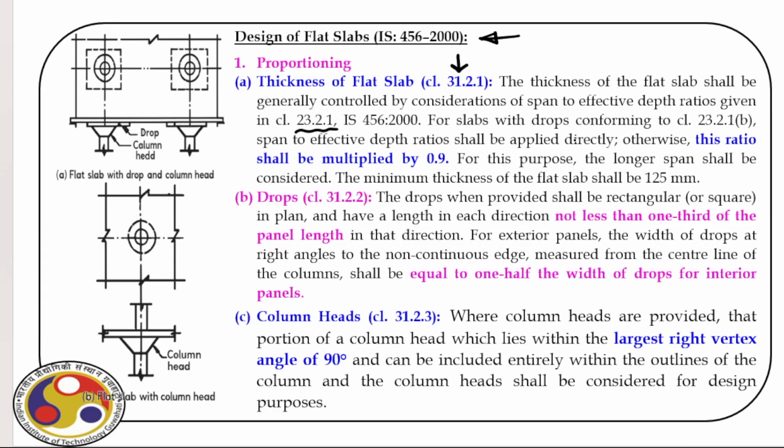For slab with drop conforming to clause number 23.2.1b, the span to effective depth ratio shall be applied directly, otherwise this ratio shall be multiplied by 0.9. For this purpose, the longer span shall be considered. So when we consider the span to depth ratio, obviously we will consider the longer span.